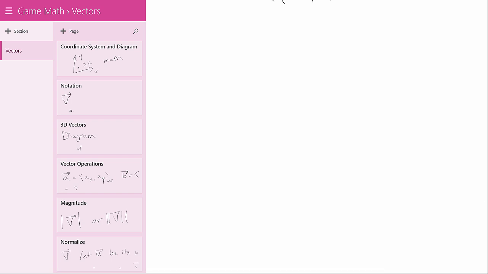So the reason we need these is we have a list of mathematical operations that we can perform to find vector components. So we can find vector components by doing these various things.